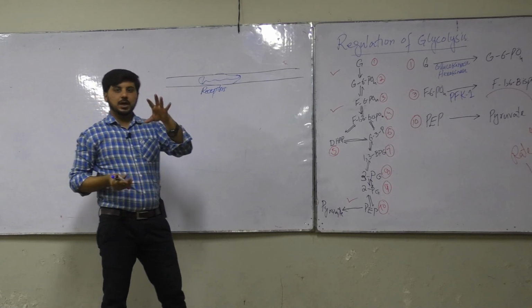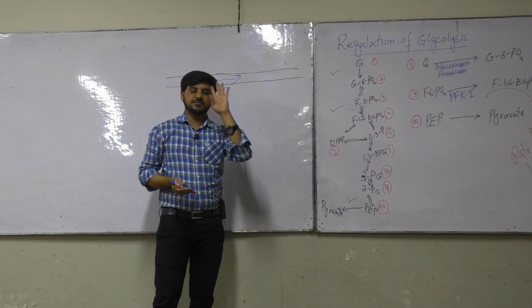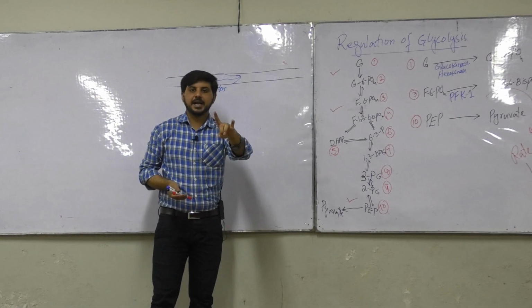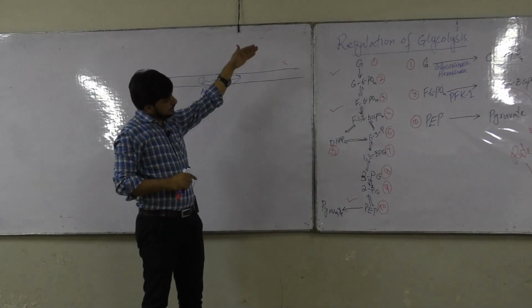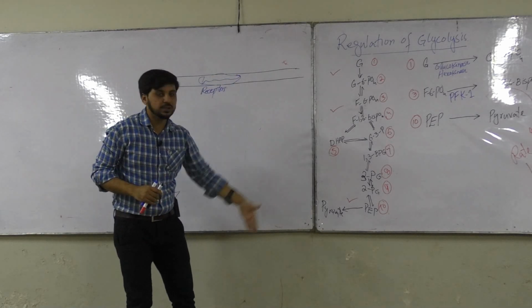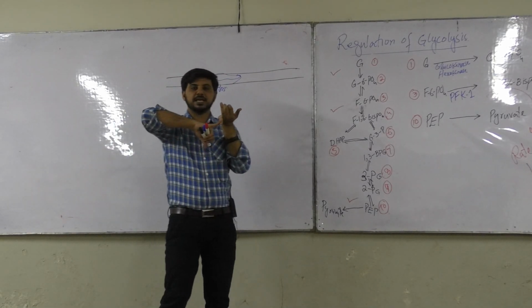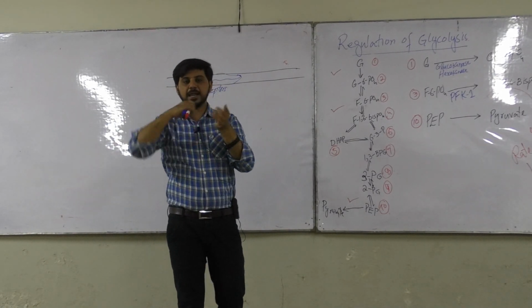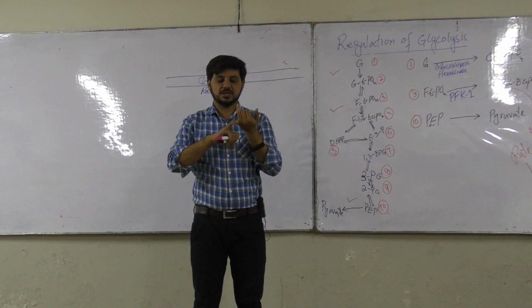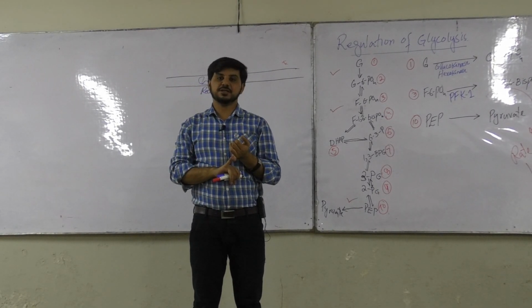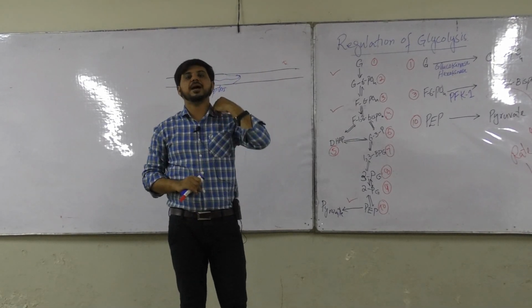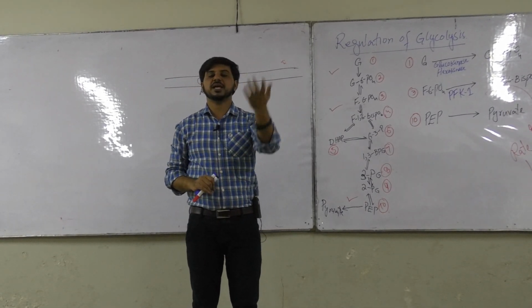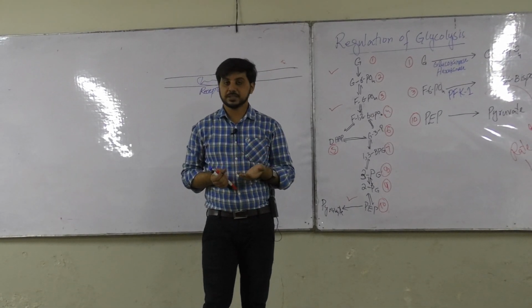There will be two hormones: number one, the insulin hormone, and number two, the glucagon hormone. Insulin helps us in lowering the glucose levels, simply by increasing the utilization of glucose molecules.